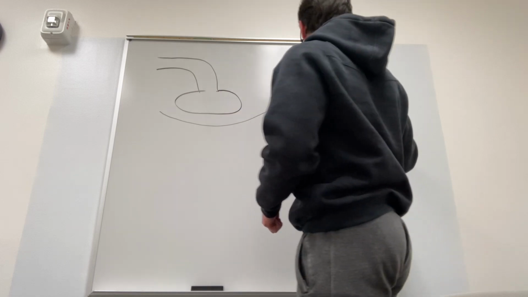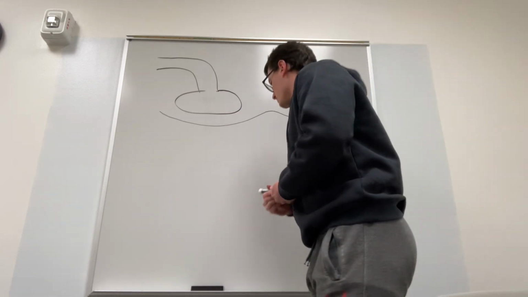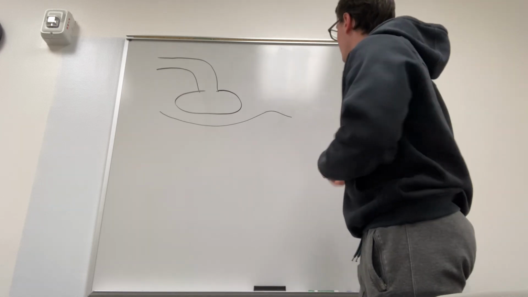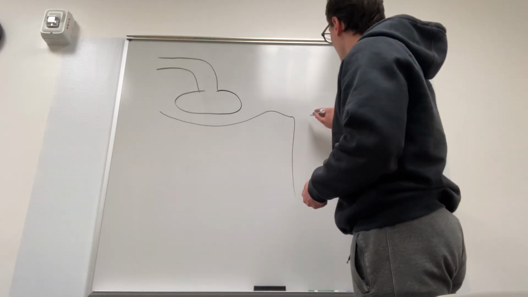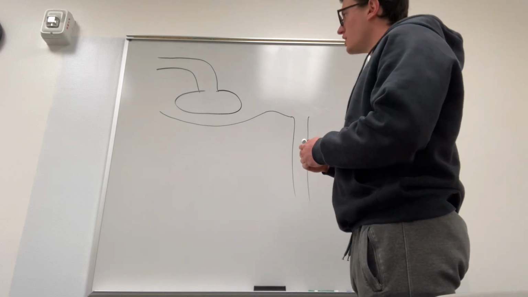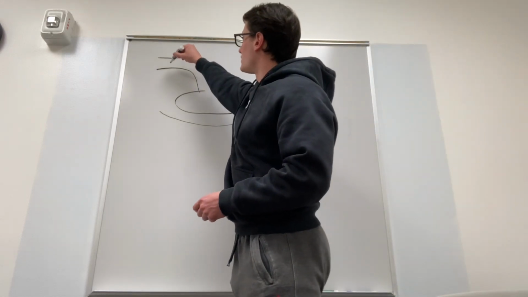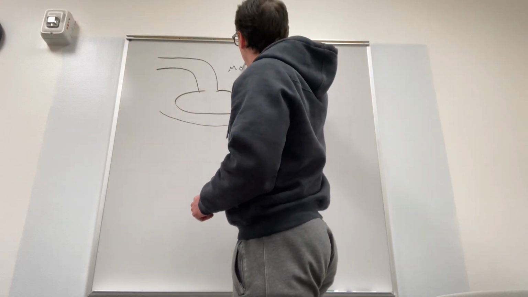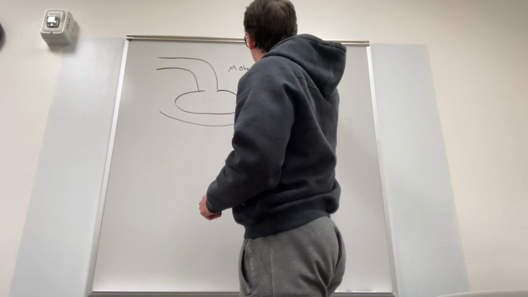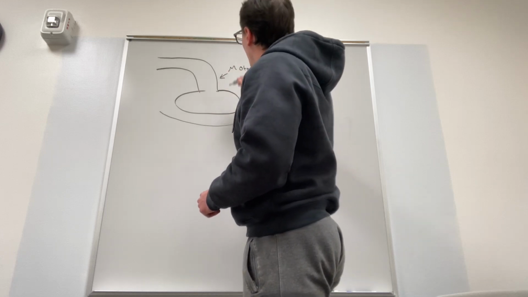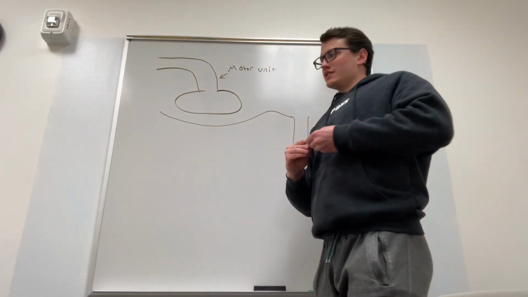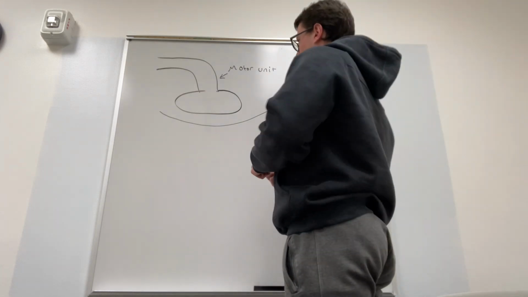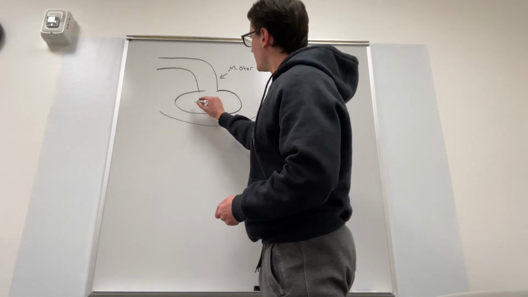So here's our muscle cell. Actually, draw that a little bit smaller. So when we have an action potential up on our nerve, I guess this will be our motor unit. That's going to be the one nerve that innervates all of our muscle fibers that we want to work with.